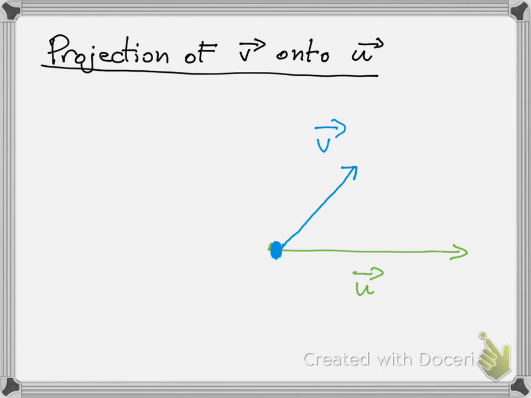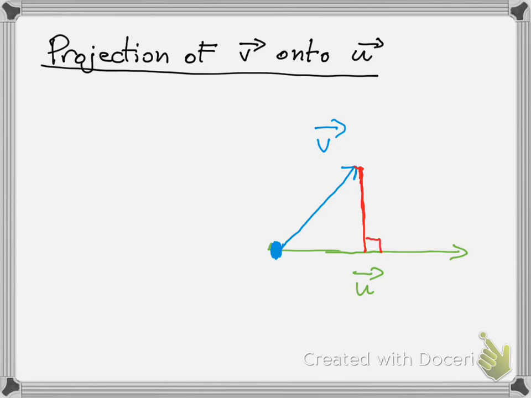So what you do is you take the terminal point of v here, and you draw a perpendicular line to the vector u, which passes through the terminal point of v.